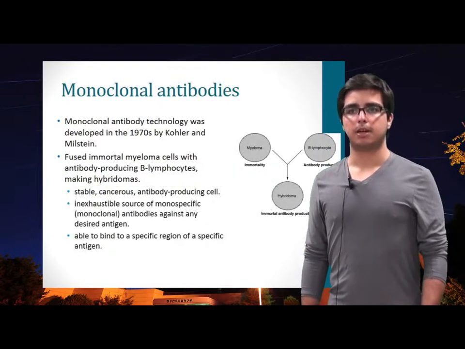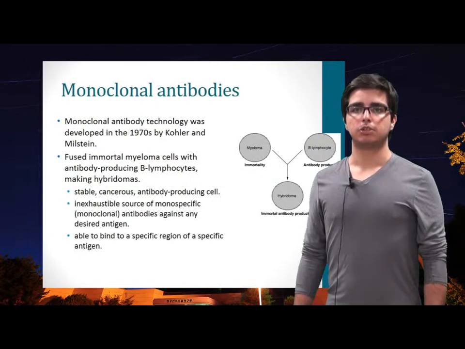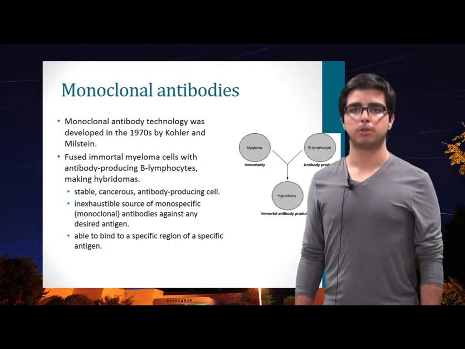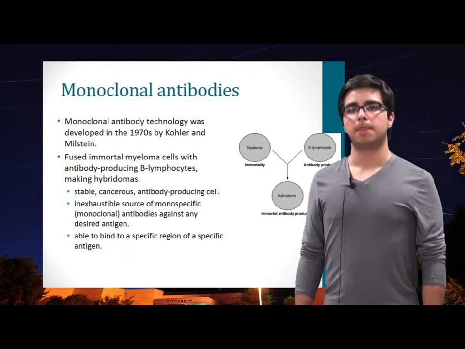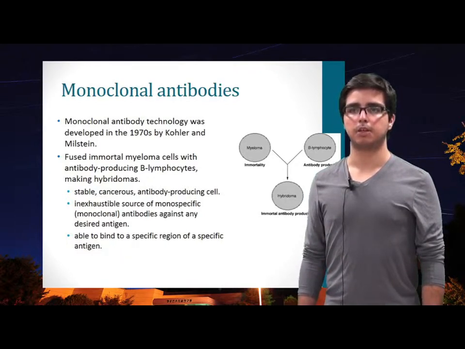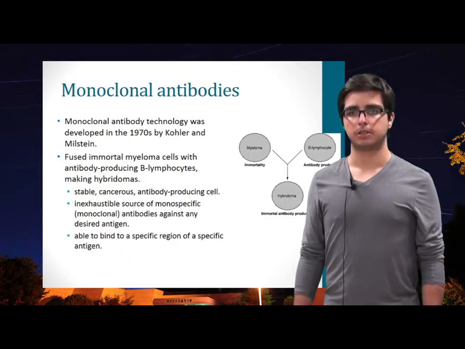Monoclonal antibodies were discovered in the 1970s when Kohler and Milstein fused two different types of cells, a myeloma cell and a B lymphocyte cell.